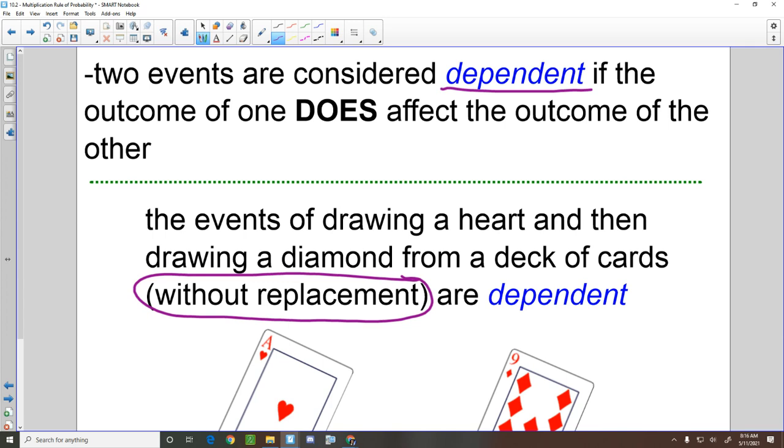Well, it does. It's going to change the number of possible outcomes, because for that second card draw, I no longer have 52 possible cards in my deck, because I took one out. Now there's only 51 cards in the deck, which means I have a slightly better chance. Still a ton of them, but imagine if I drew 50 cards, then for that last draw, there's only two possibilities.